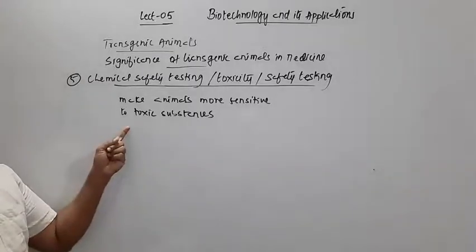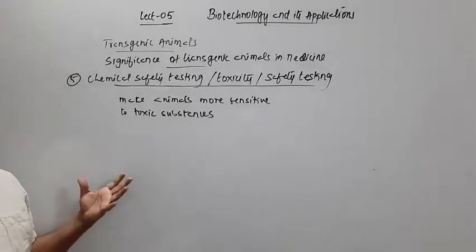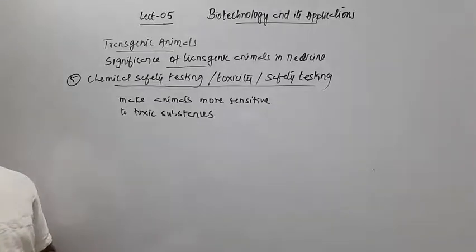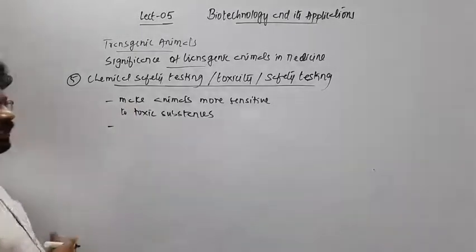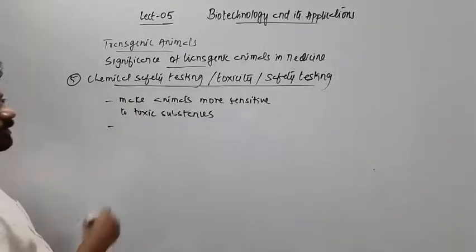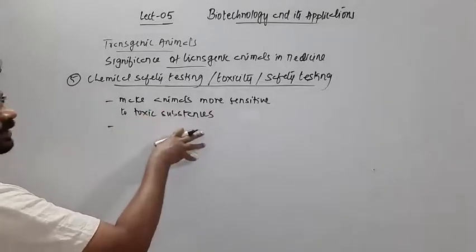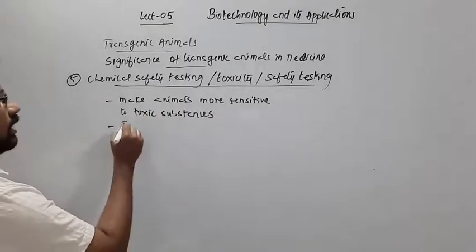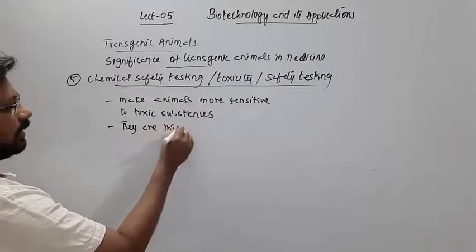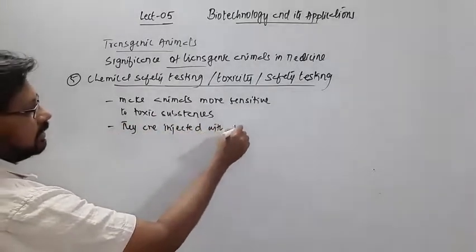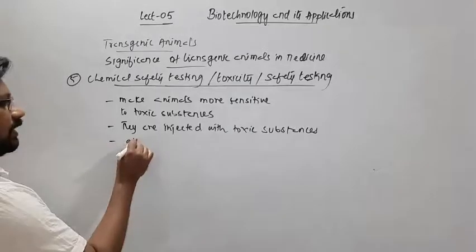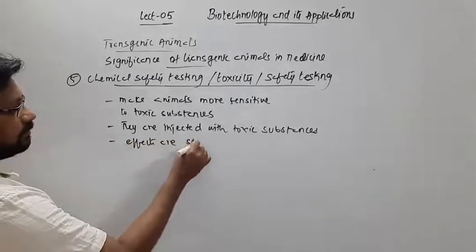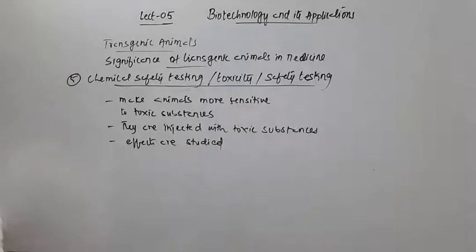So once we make the transgenic animal more sensitive to toxic substances, these transgenic animals will be given the toxic substances. After making the animals sensitive, they are injected with the toxic substances, and then later the effects are studied, how they cause problems.